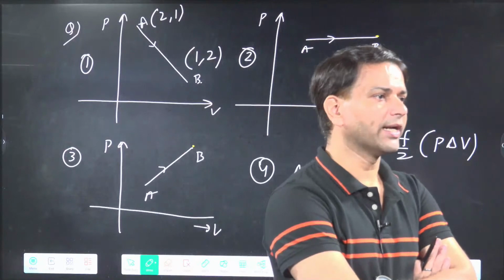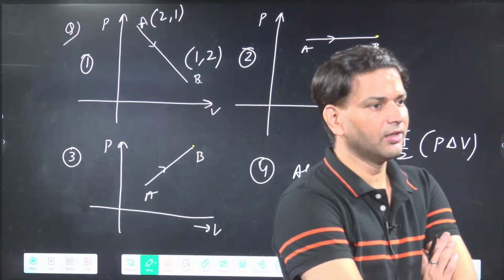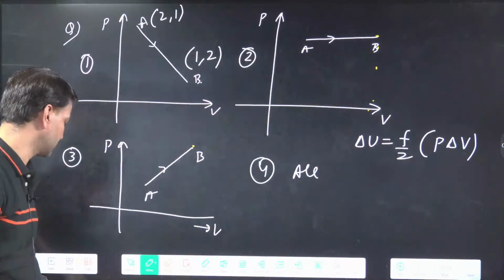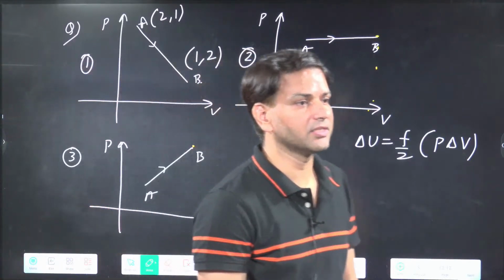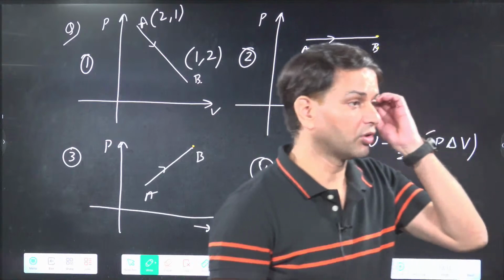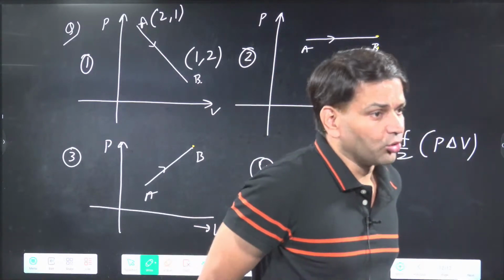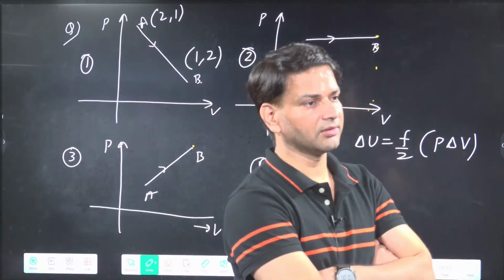Up to internal energy maybe, because actually I thought that I would take an extra class today, but in the boys' class the syllabus has only been completed up to CP and CV. Even that has not started, so it will be completed maybe in the evening. So we can take only internal energy up to this.